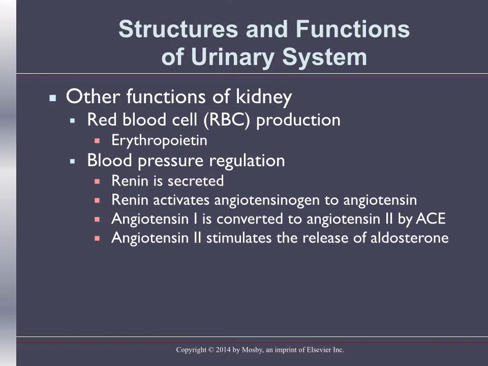So whenever there is low kidney perfusion, low arterial BP, low extracellular fluid, low serum sodium concentration, and high urinary sodium concentration, then renin will be released into the bloodstream.